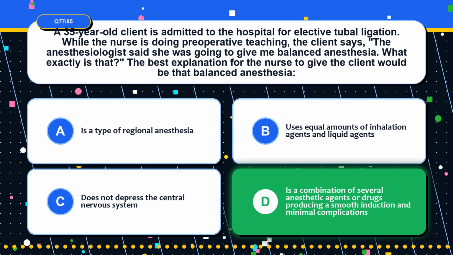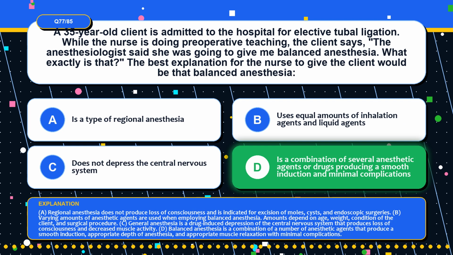The correct answer is option D, is a combination of several anesthetic agents or drugs producing a smooth induction and minimal complications. A. Regional anesthesia does not produce loss of consciousness and is indicated for excision of moles, cysts, and endoscopic surgeries. B. Varying amounts of anesthetic agents are used when employing balanced anesthesia.